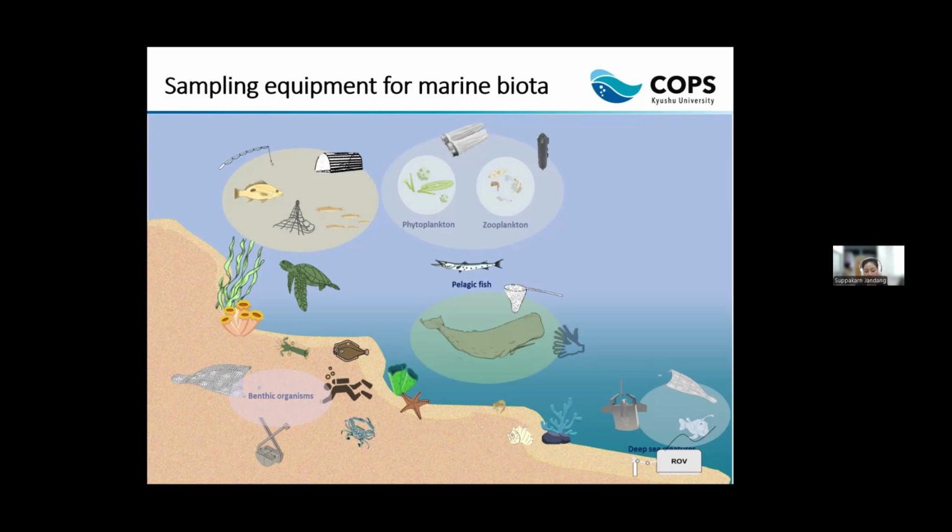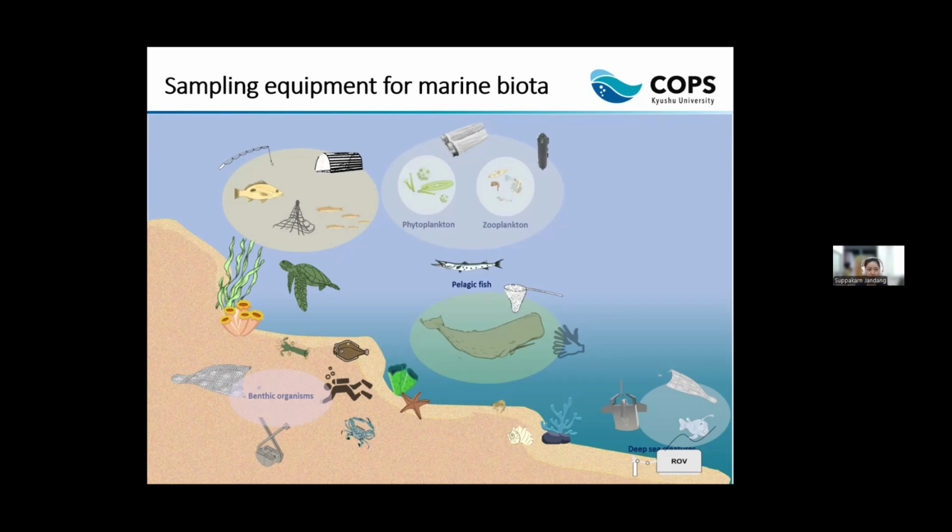But basically, we use a handy net together with a drone to survey around the area where this kind of animal lives. If they excrete feces or scat, we need to collect it immediately, while it's fresh, because otherwise it will be diluted by the seawater.